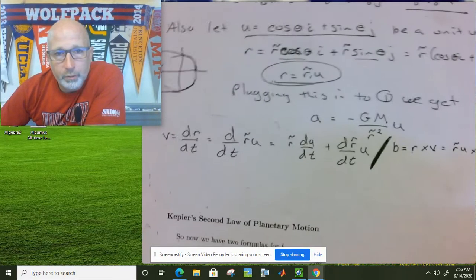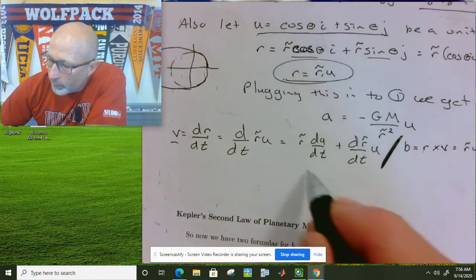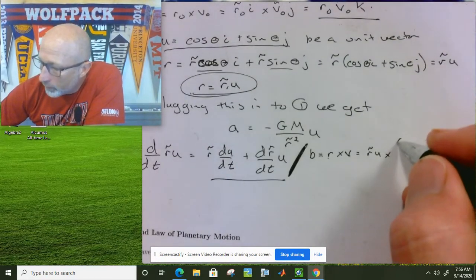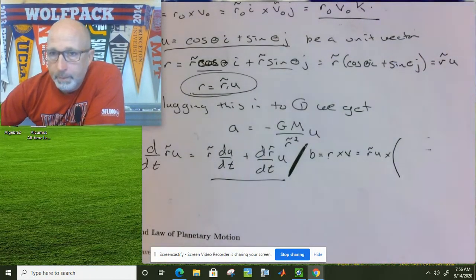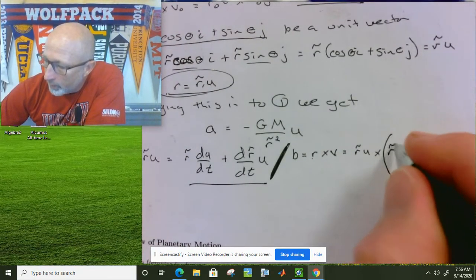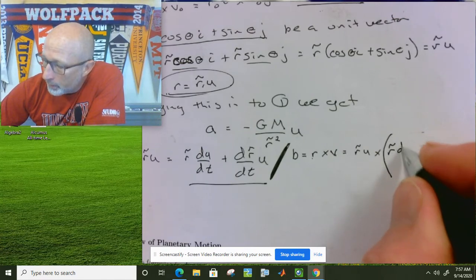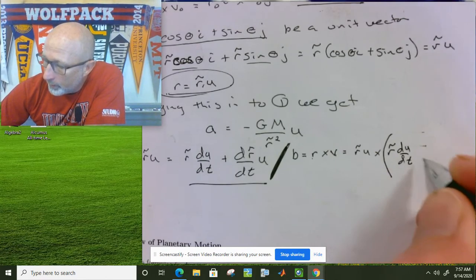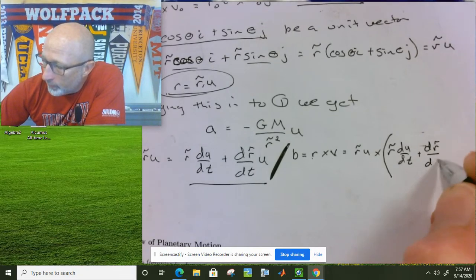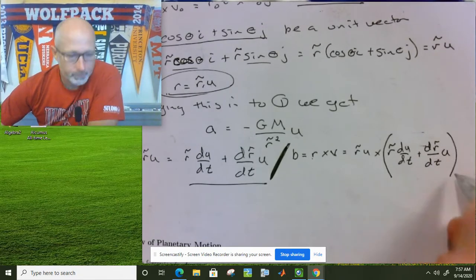But what did I just show v was equal to? v was equal to that. So this is this crossed with r tilde du dt plus dr tilde dt u.